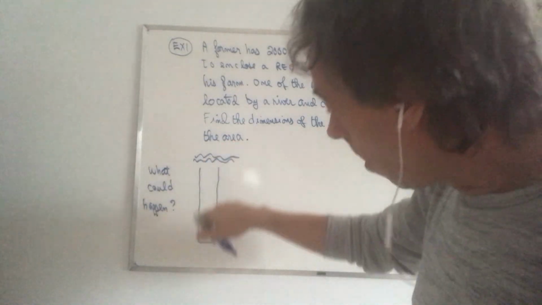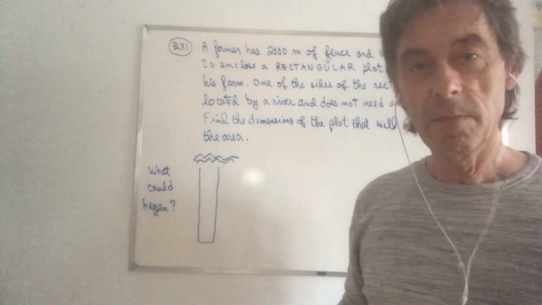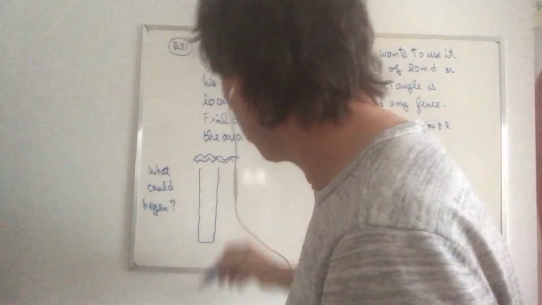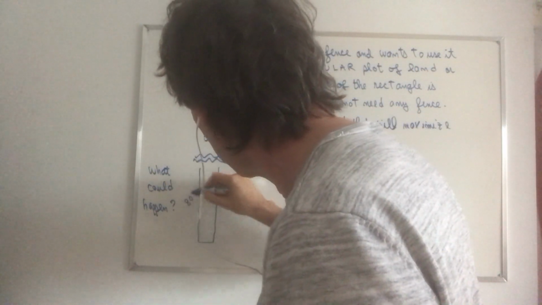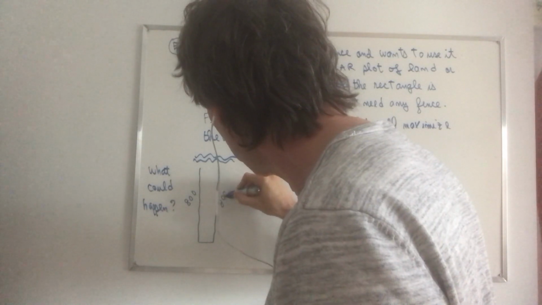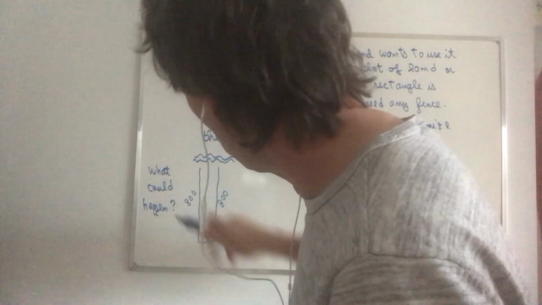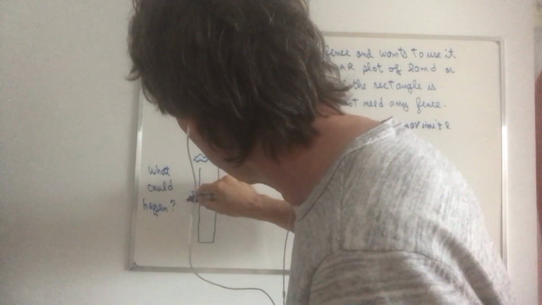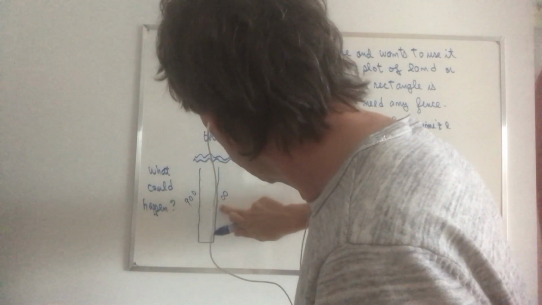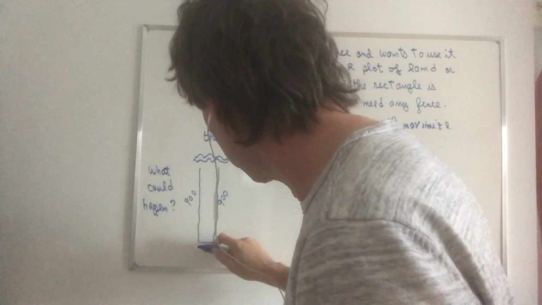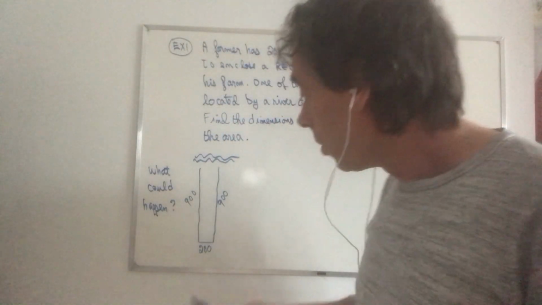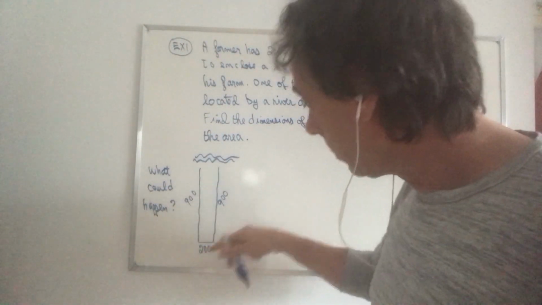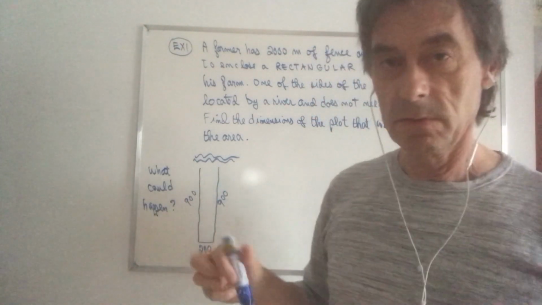So that's all of my 2,000 meters of fence. Let's say I have here 900, 900 and 200 to complete this, so it's much longer than it is wide. Notice that these are meters, and if you add them all up, you have 2,000, right?